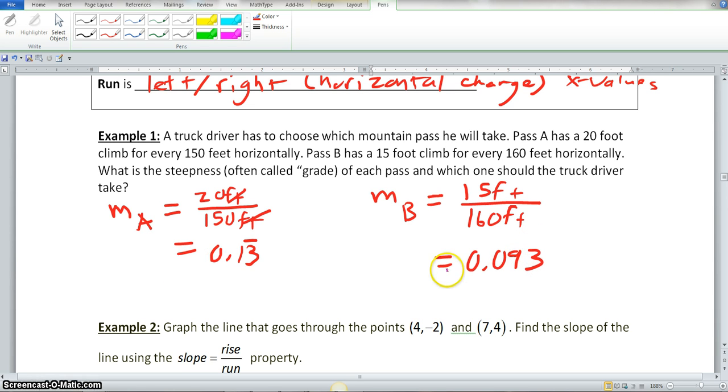So when we look here, if you're driving a truck, you want to go on the path that's least steep, which means it has the lowest slope. Since path B has the lowest slope, that is what we would take. We would take path B because it's less steep.